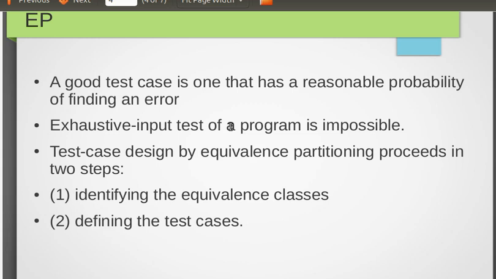There is an infinite number of test cases that can be driven into the system, but it becomes a problem to test all of them. Now just imagine that you have a deadline during the SDLC, the software development life cycle, and what you have is a large number of test cases that may cost you days writing unit test cases for them, right? So exhaustive input testing is very difficult.